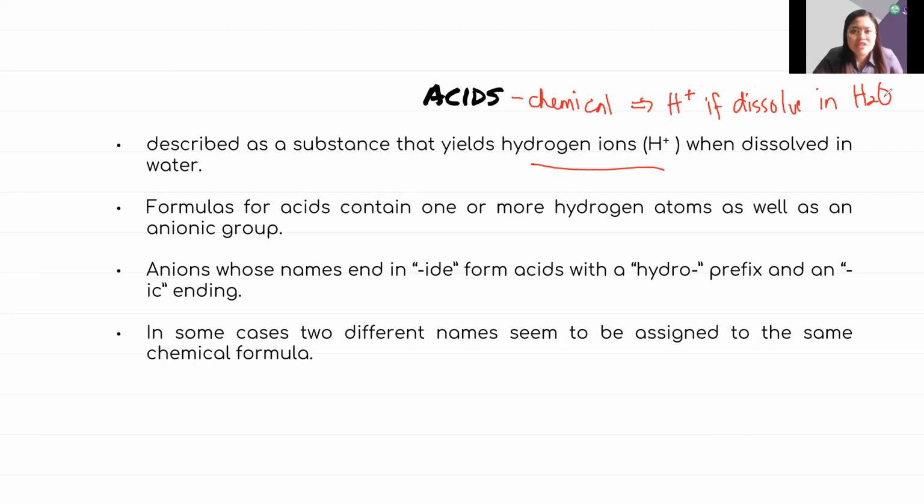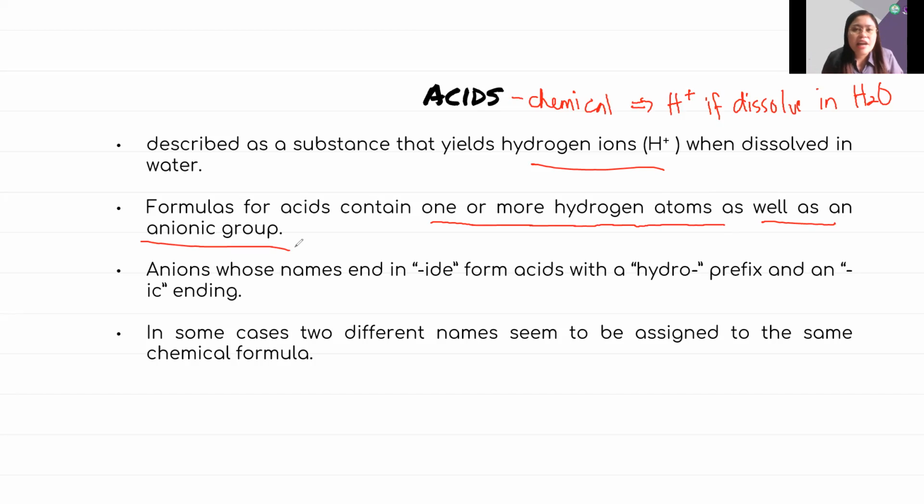That's the definition of the acids. So formulas for acids contains one or more hydrogen atoms and at the same time meron din siyang anionic na group. So remember kagaya na ingon ko, pag naga ni hydrogen ang compound, most of the time, wala sila nag-follow atong guidelines nga akong gihatag sa inyo nga i-name ang element, tapos ang second element mag-end sa IDE.